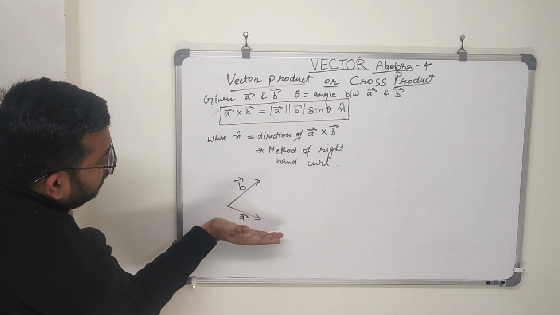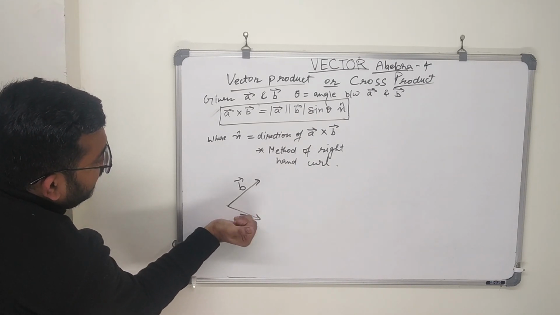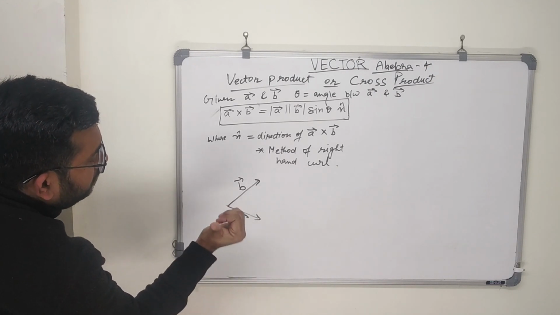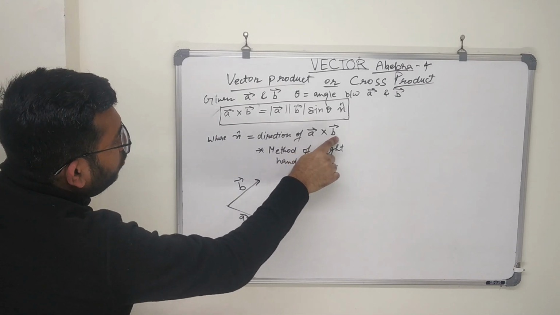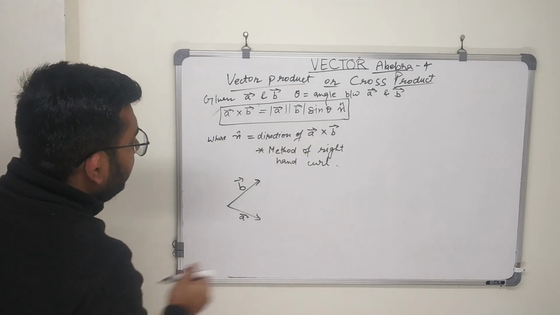So we will curl our fingers in this direction. Then the thumb is pointing towards the direction of A vector cross B vector. You can write it here also.